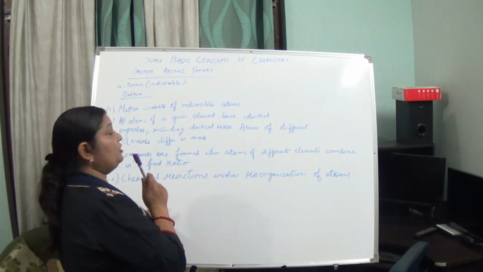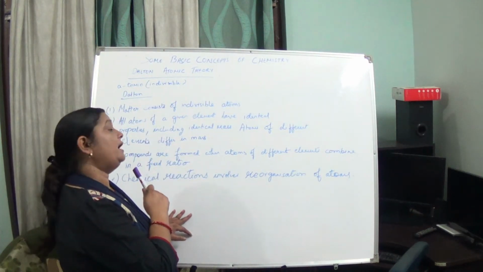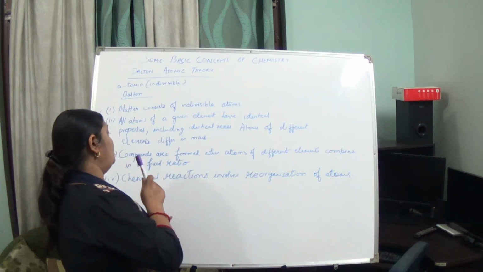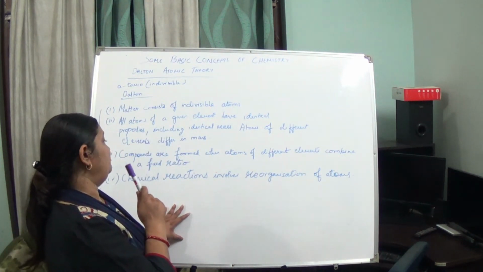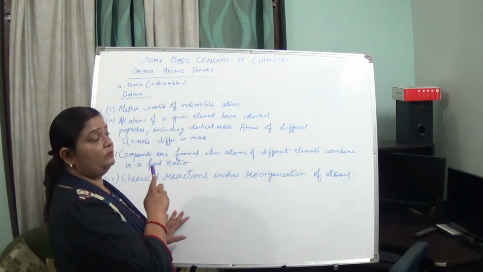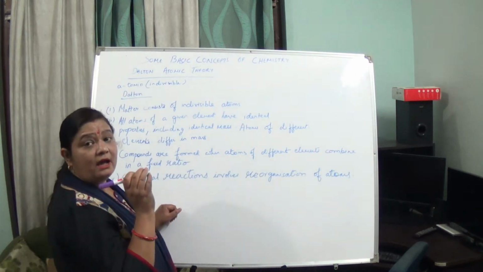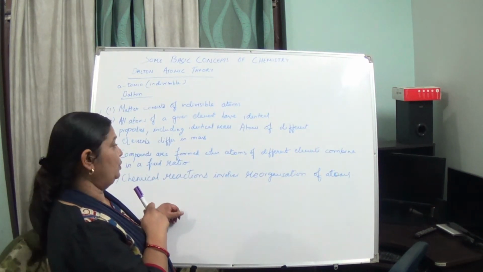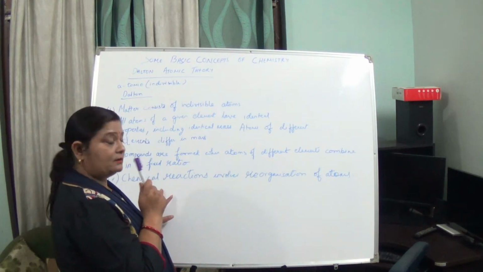Without knowing the whole concept of the atom, he could state the theory about the atom. Now, compounds are formed when atoms of different elements combine in a fixed ratio. Even at that time he said that compounds are formed when different elements combine together in a definite ratio. So he was able to explain what compounds are.